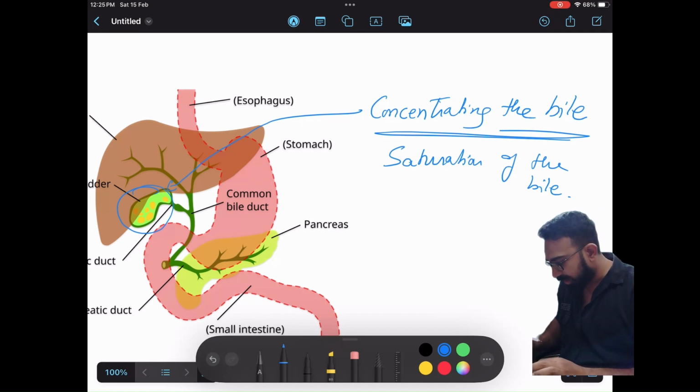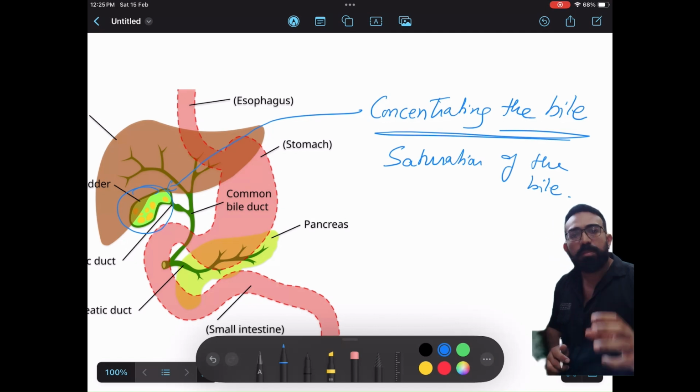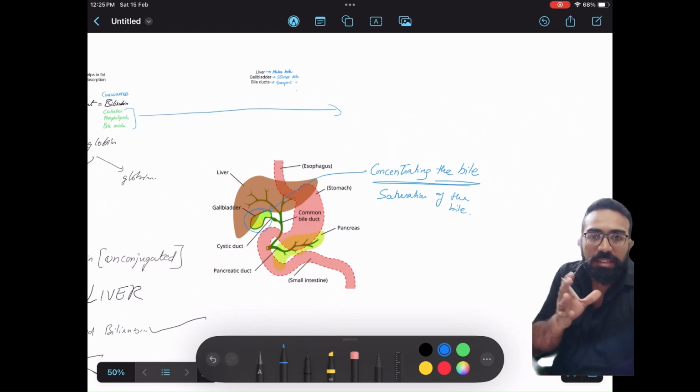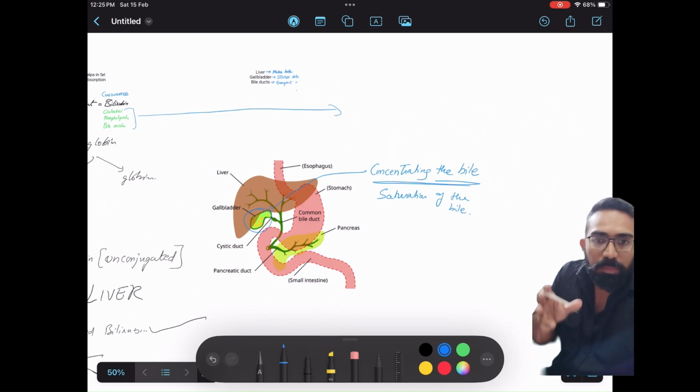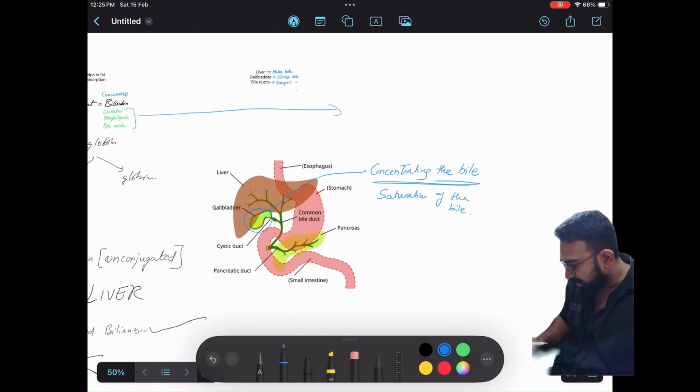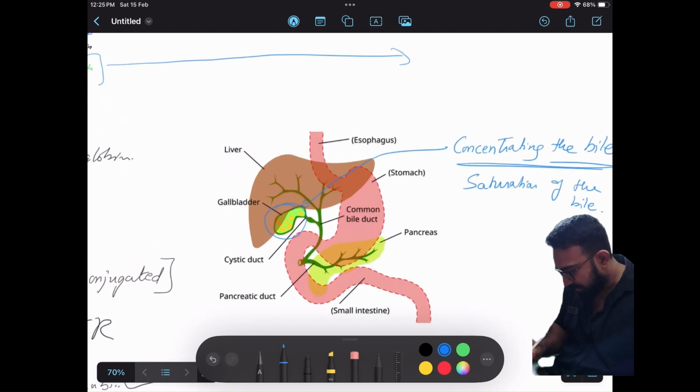It is concentrating it. So the more time the bile stays in the gallbladder, here is where the catch comes in. The more time the bile stays in the gallbladder, the more concentrated the bile becomes. The more concentrated the bile becomes, the more chances are there that the gallbladder will develop some stones.